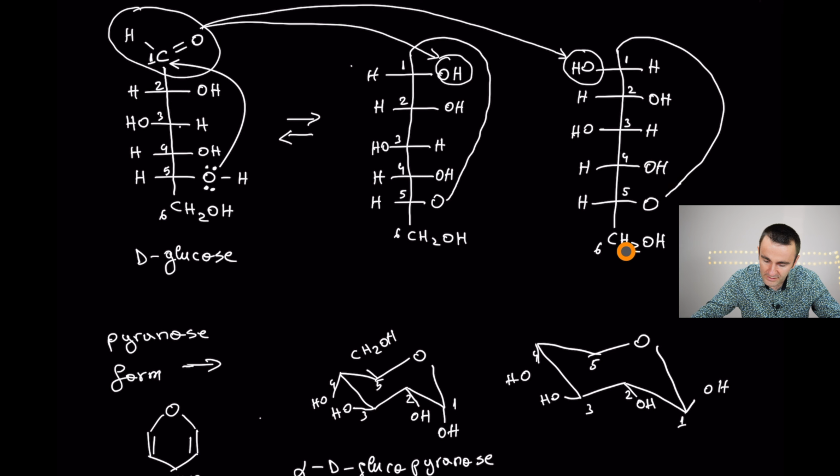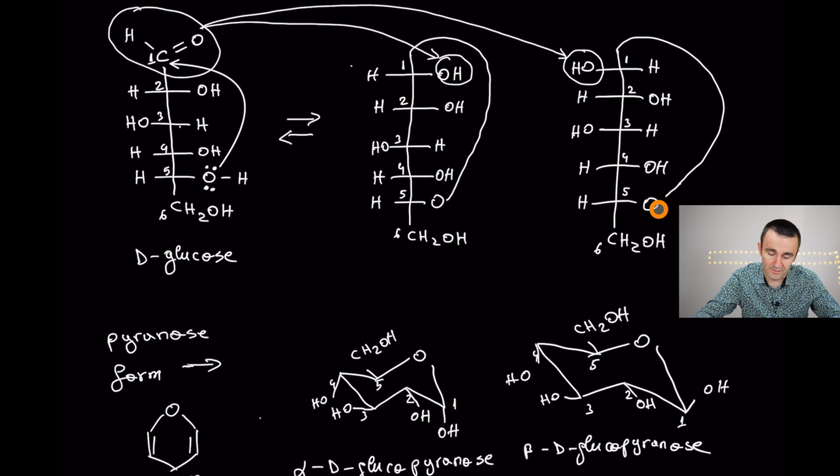The fifth one is this group here. Because it's a D sugar, it's going to be up. If it's an L sugar, it's going to be down. Right? Remember D up and L down. So that is beta D-glucopyranose.